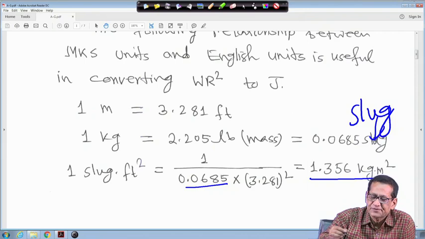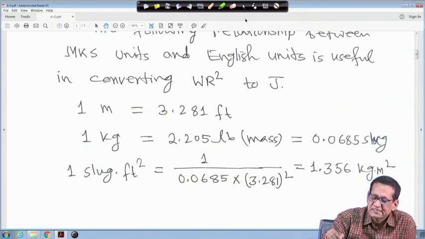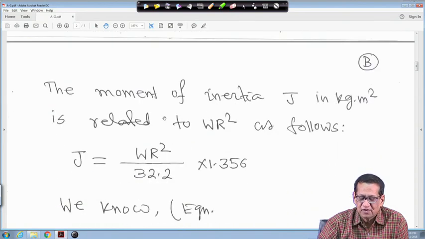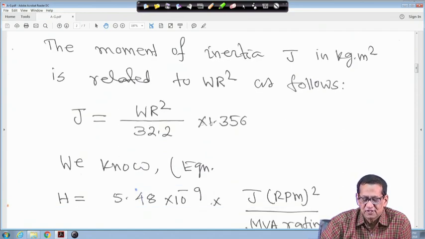Sometimes we convert this. Now the moment of inertia J in kg meter square is related to W r square as follows. Therefore, J is equal to W r square upon 32.2 into 1.356.